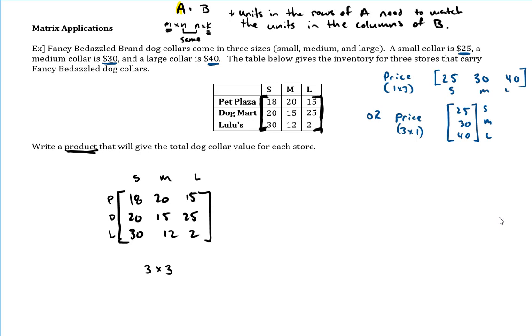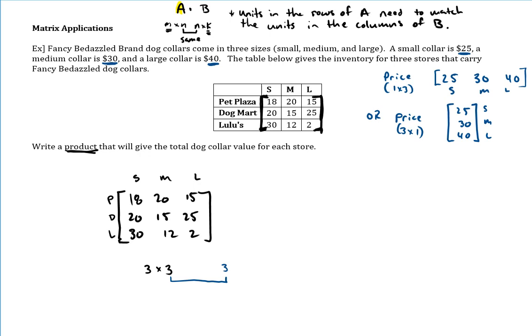So when I start to set up my matrix, I come back to the rule where the middle numbers need to be the same. For instance, if I want this to be on the left, then I need to make sure that this number and this number are the same.